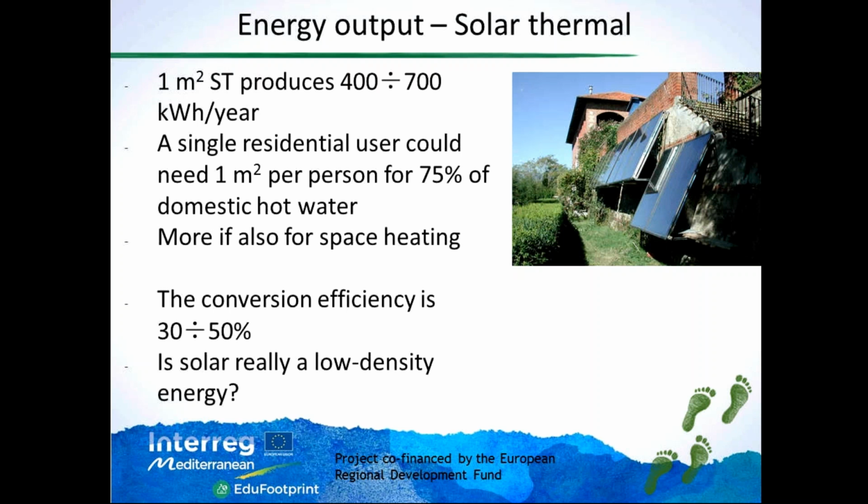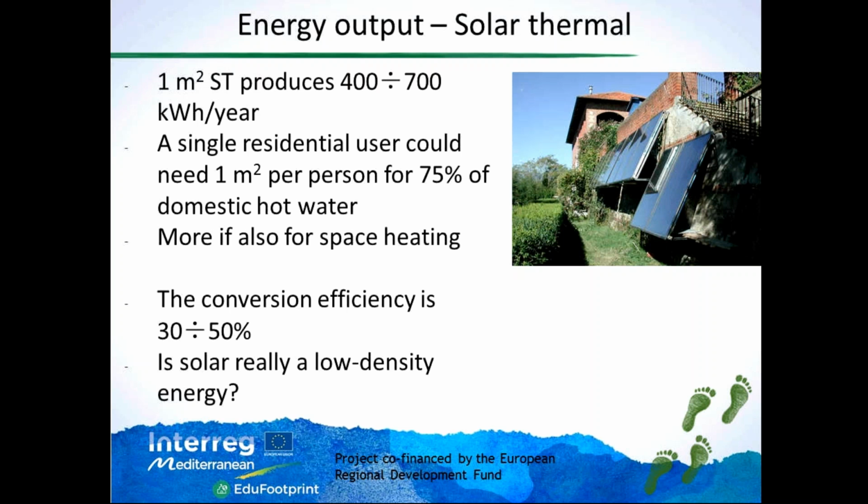There is no tool for estimating the production, but you can use the tool there to look at the solar radiation values, and then you can assume a value for the conversion efficiency, and then you can understand how much heat, how much hot water can be produced by a solar thermal plant in your location.